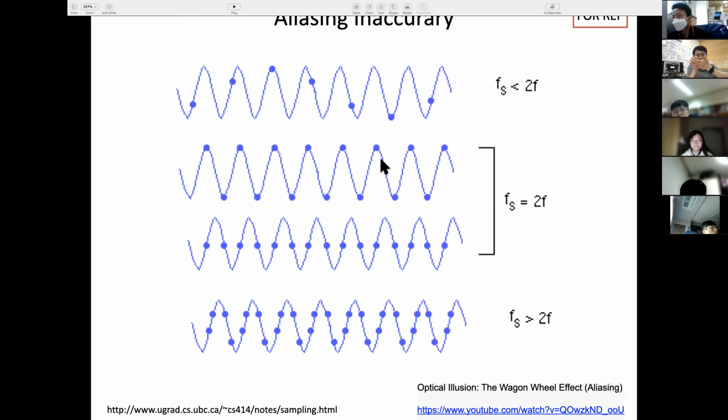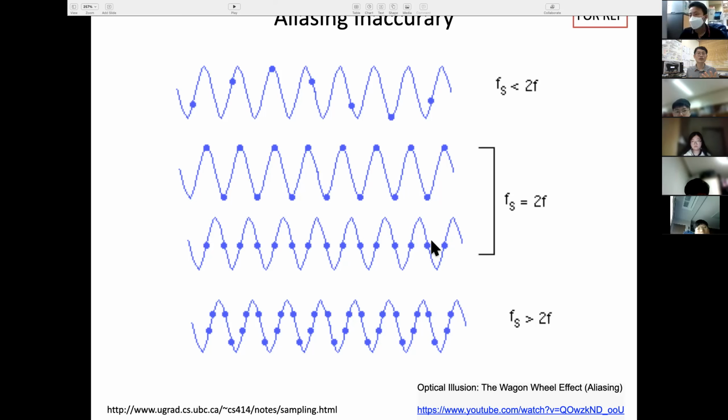But if you move this collection time by a quarter of the period, let's see what happens. Exactly the same period, but if you move it, it happens to meet over here. So you are collecting samples at exactly the same level.